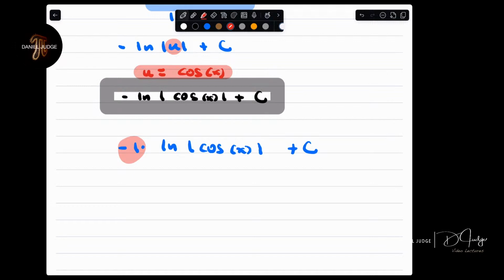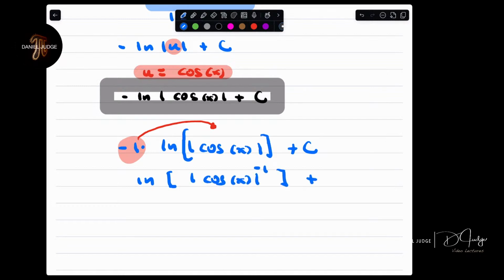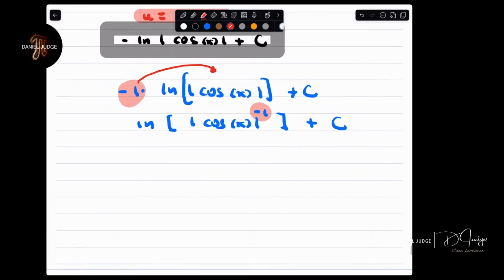So we're going to be able to move the power here, because if we think of it, we say, hey, that power belongs to the argument, the inside function for the natural log. So this is really what we see here. That -1 now is on top here. That's the power rule for natural logs.